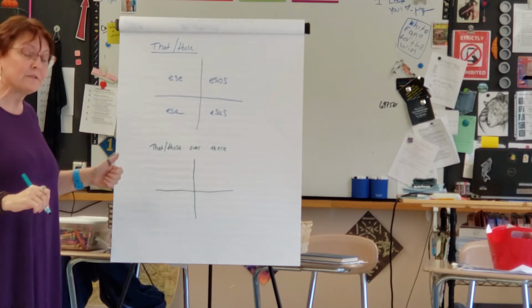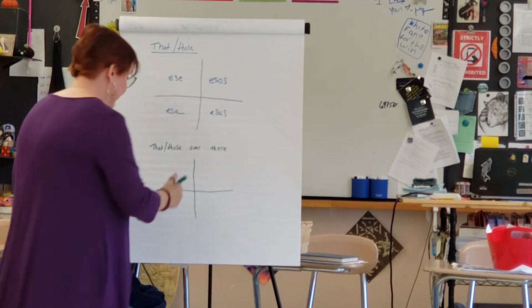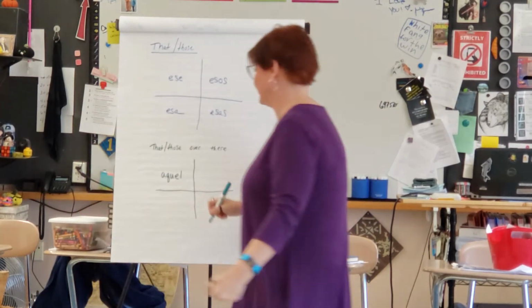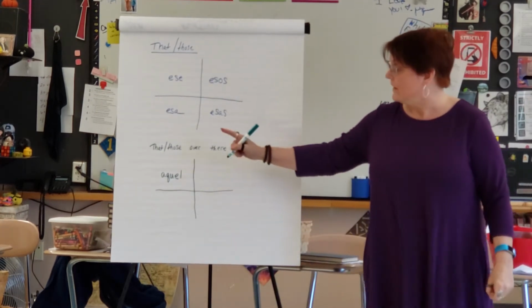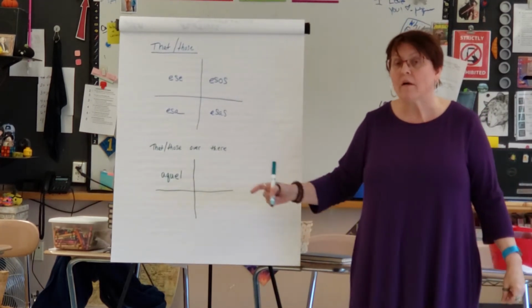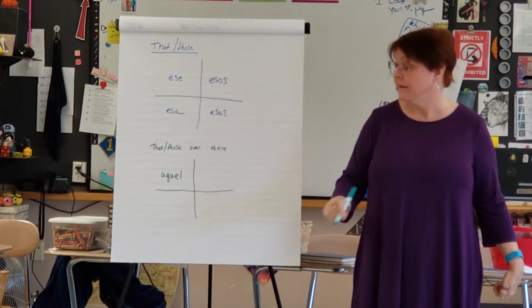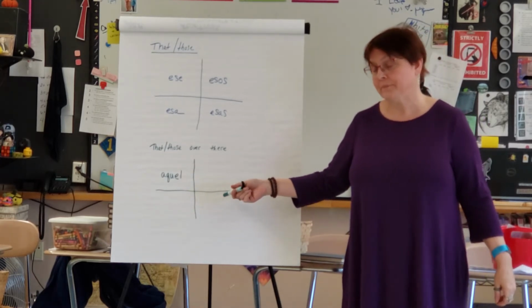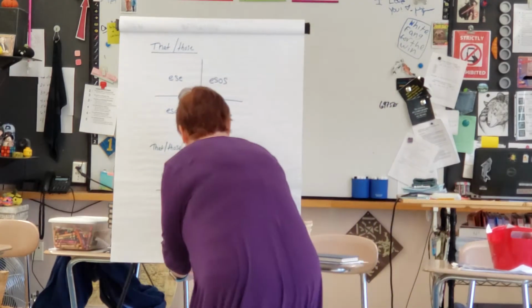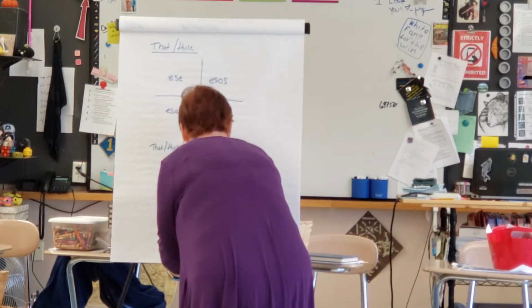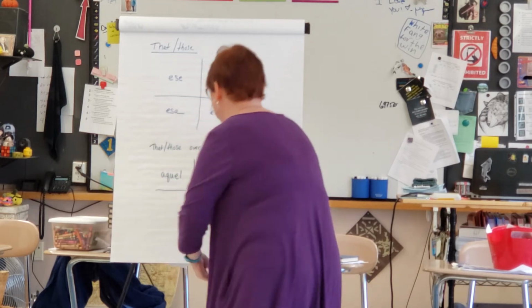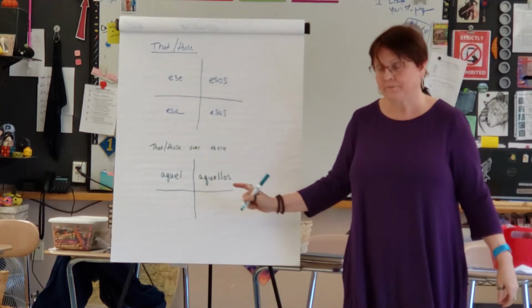The masculine singular form of this is aquel. A-Q-U-E-L. This works. The rest of the forms all have a doble L. So over here, it's not aquels, it's aquellos. A-Q-U-E-L-L-O-S. Aquellos.